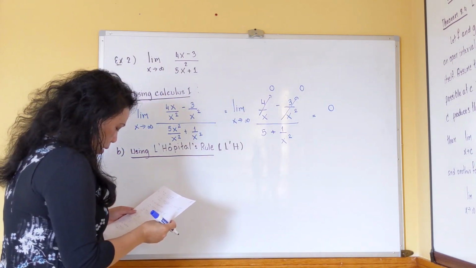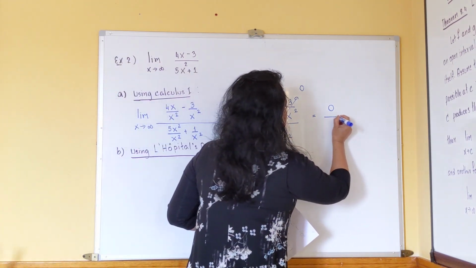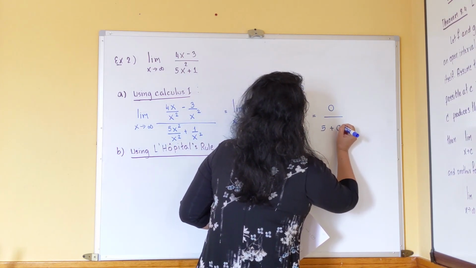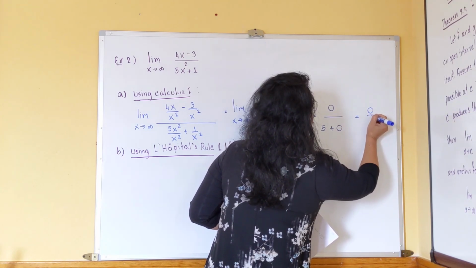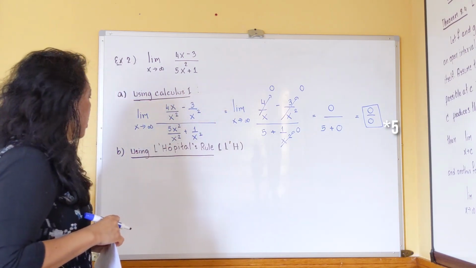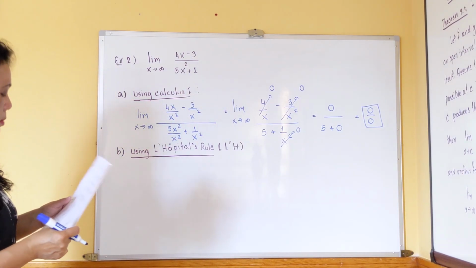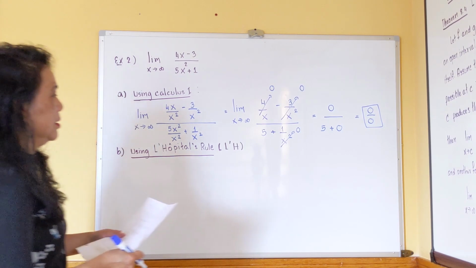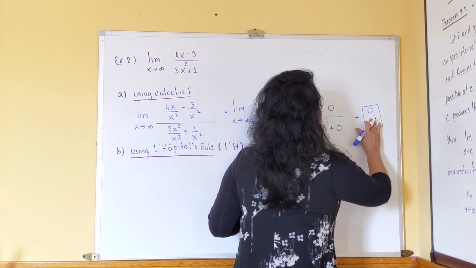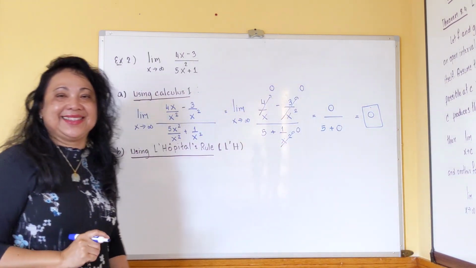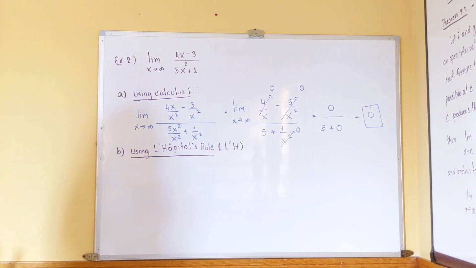In the denominator, 5 is 5, and this one will go to 0. I'm sorry, I made a mistake. It's just 0 over 5, which is 0. Alright, this limit is equal to 0.